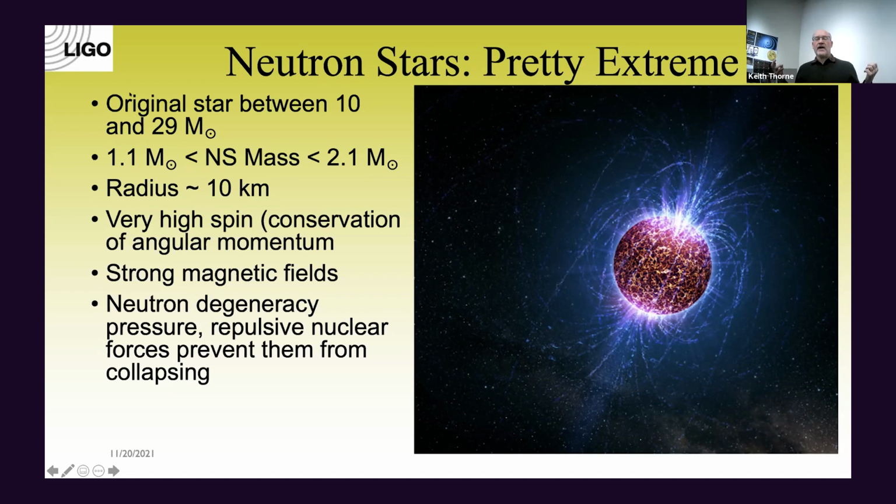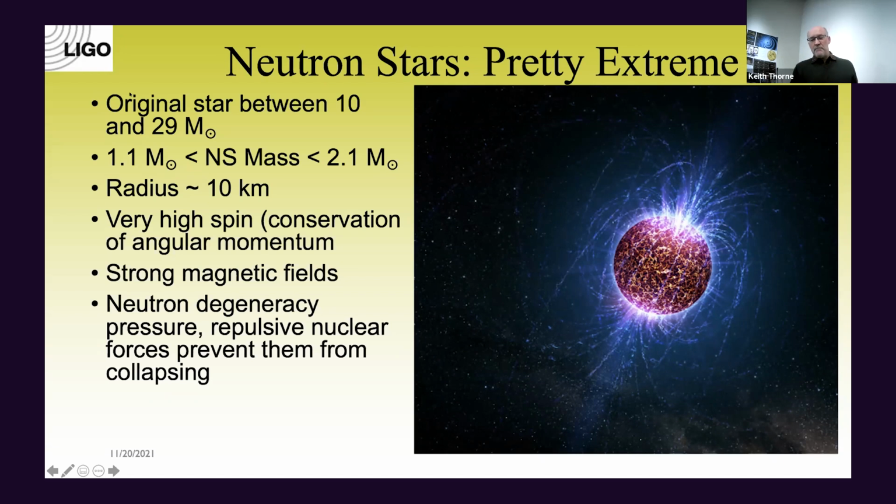All the electrons are absorbed into the protons. It's all neutrons, and it's only 10 kilometers across. They get a very high spin and a very strong magnetic field. And it's again this Fermi degeneracy that keeps it from collapsing. So those are pretty extreme. We've detected them as pulsars, things like that.